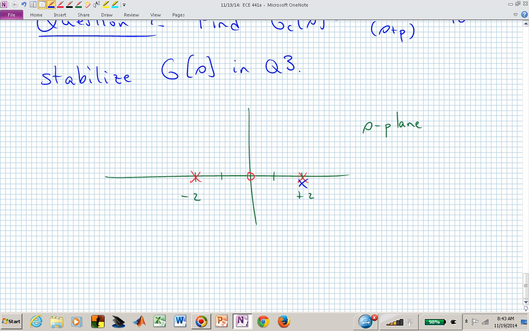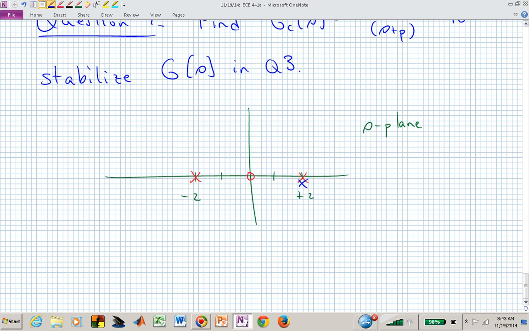What parts of the real axis belong to the root locus? +2 to infinity? No. +2 to the origin. Is that on the root locus? Why is it not on the root locus? Because you have an even number of poles to the right, don't you? What about from the origin to -2? Yes, that's the only real line segment that's a part of the root locus for this picture.